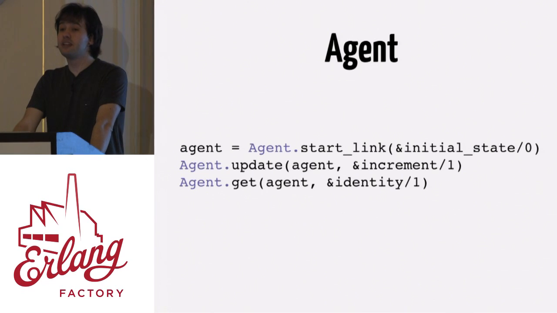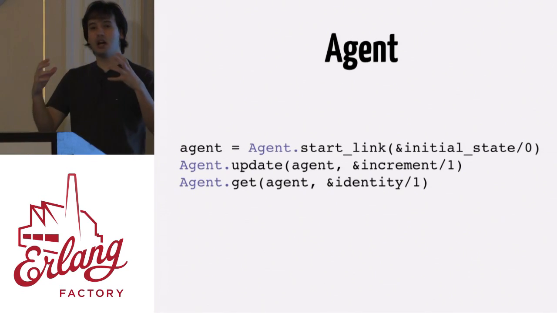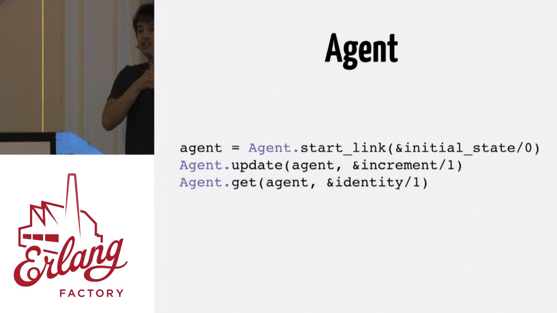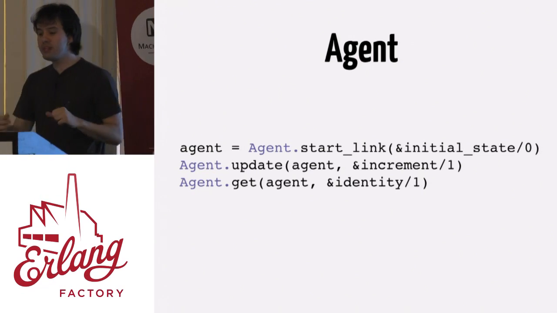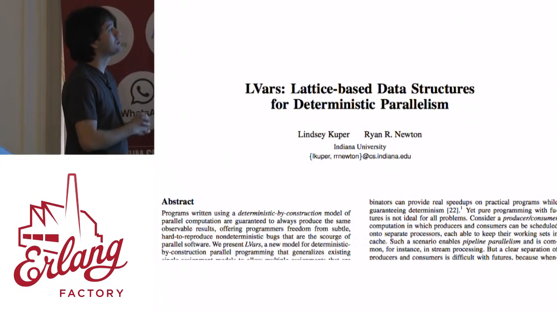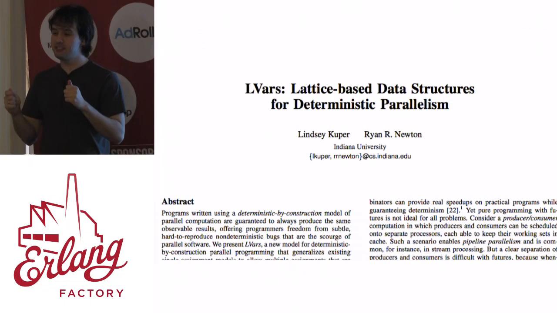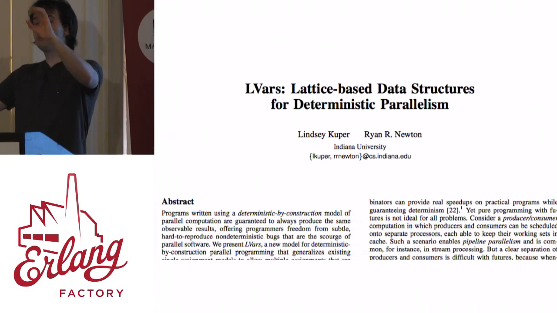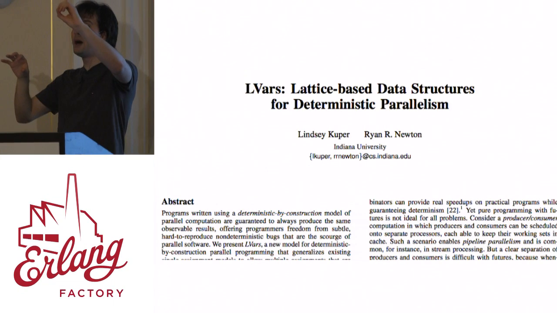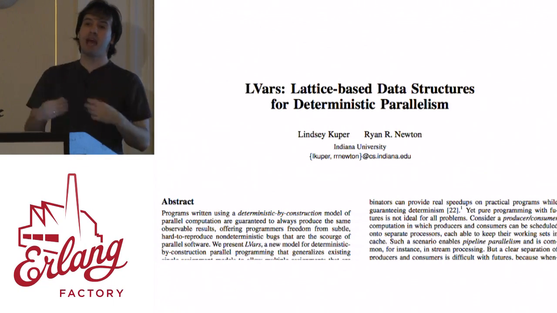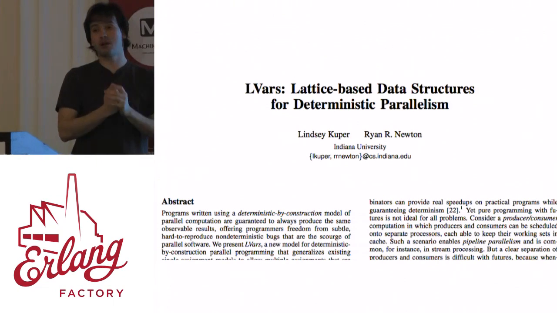So one of the things that we can do is that because agents start teaching developers to think about state as a single entity, we can bring some research, for example, from LVars, right? So we can have agents which are lattice-based. And basically what this means is that if we have multiple processes trying to change this agent, we are just going to expose an API that guarantees deterministic parallelism.